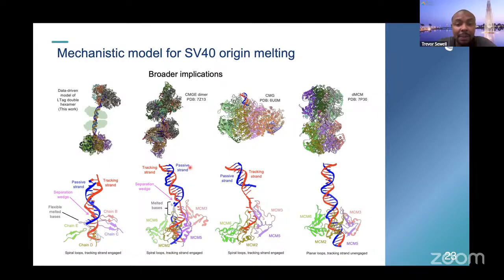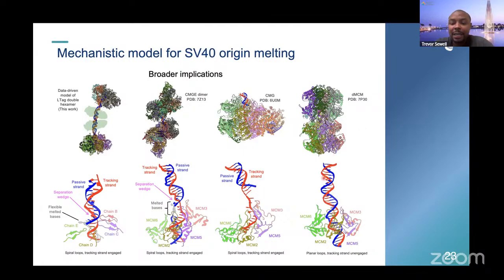And the same thing happens if you look at yeast CMG. You have the MCM DNA binding loops forming a staircase arrangement, also accompanied by melting of bases. Again, in a fork structure that is actively translocating CMG, you see the same staircase arrangement.